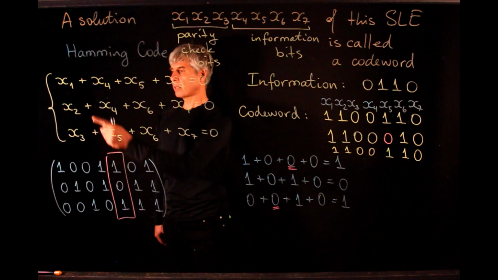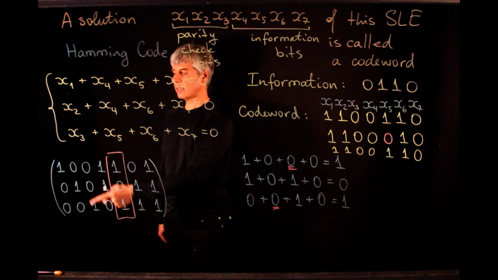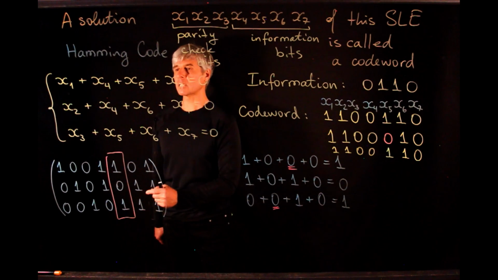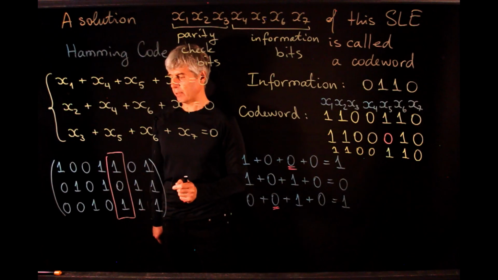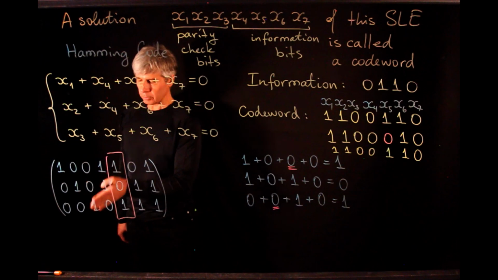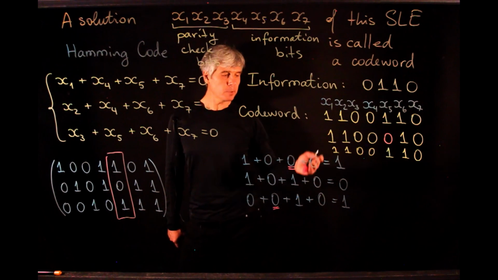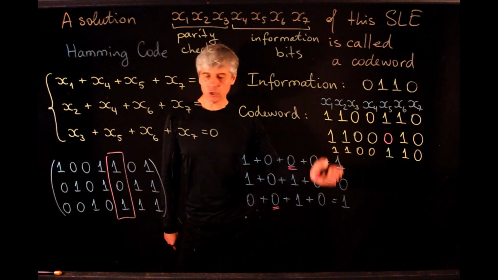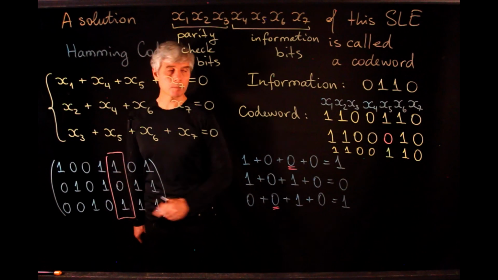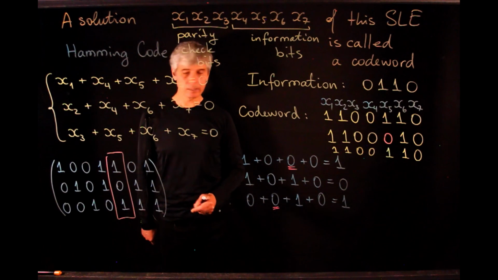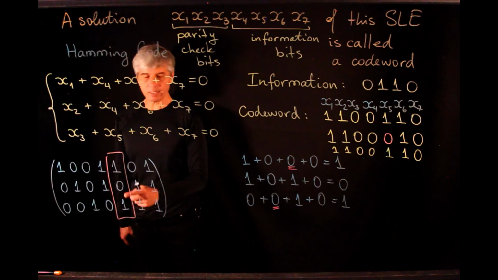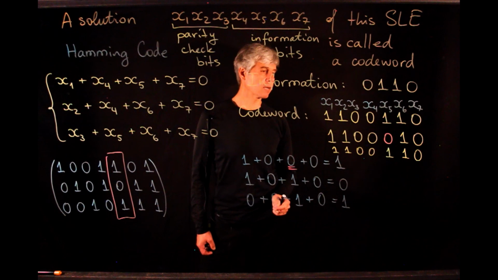The second column tells us which equations contain the variable x2. And the fifth column tells us which equations contain variable x5. And the nice thing about this coefficient matrix is that all columns in this matrix are distinct. If we receive any combination of 3 bits, there will be a column with precisely the same combination of 3 bits. And in this way, if one error has occurred, we can find its location and correct it.